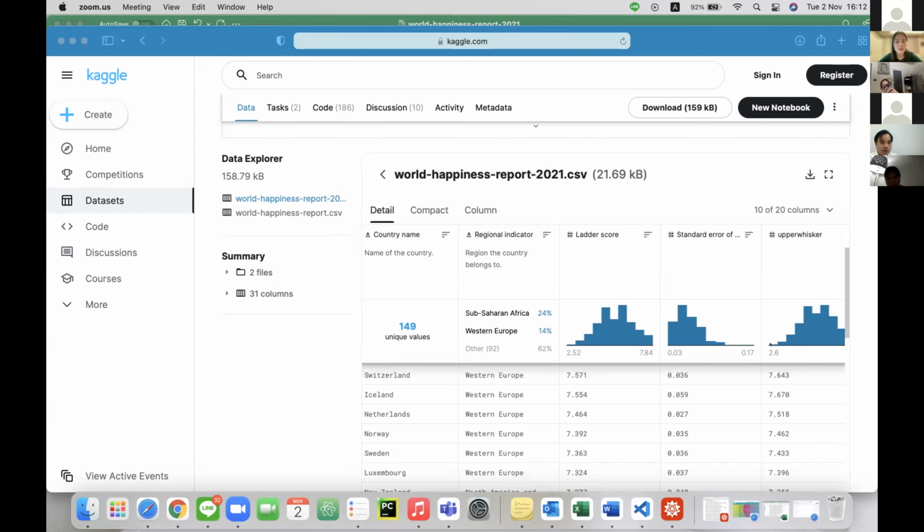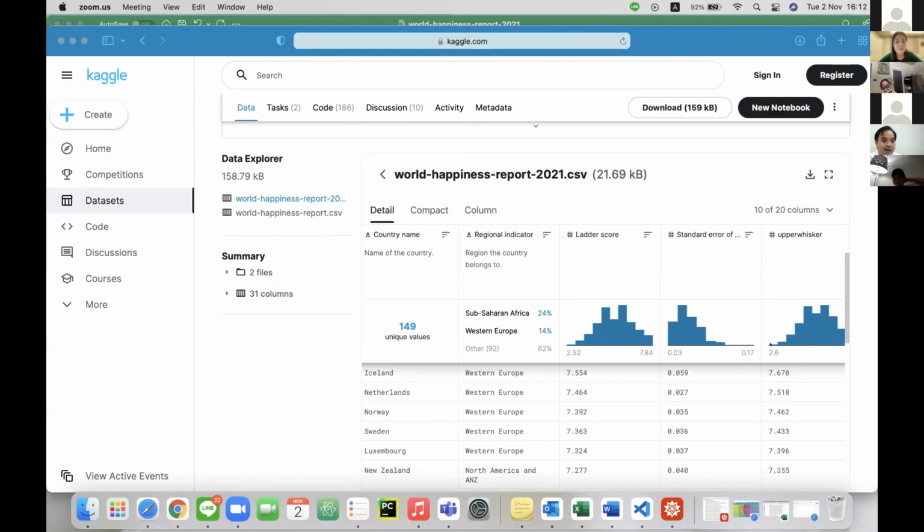Okay, you're not trying to predict the happiness score, right? No. It's a formula, right? It is a formula. I think it's published, the World Happiness Score. In other words, you have all kinds of metrics, social metrics. I don't know, in this case, how many of them? 20 columns.